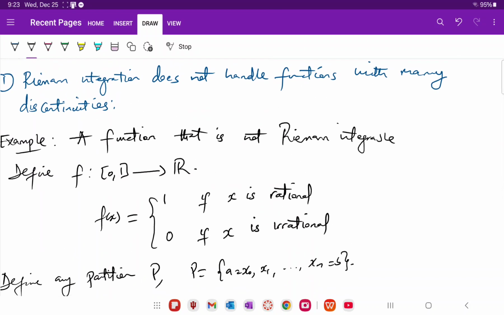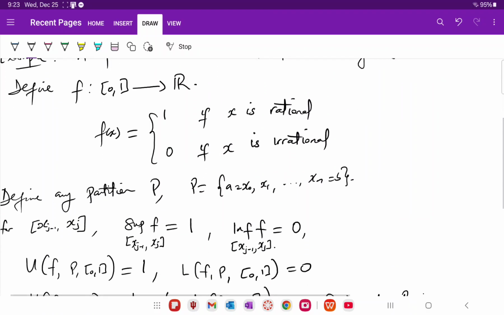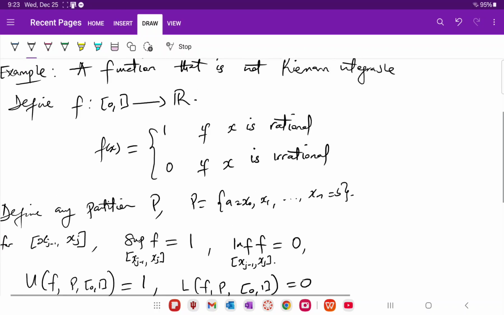So functions with many discontinuities cannot be handled with Riemann integration, because Riemann integration makes use of the supremum and the infimum of the function as we divide the partitions. We usually find both rational and irrational numbers, since these are dense in R.